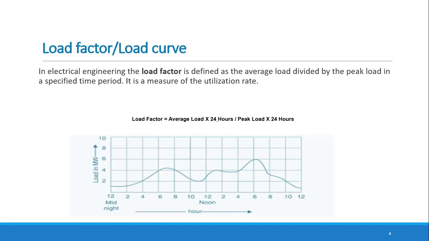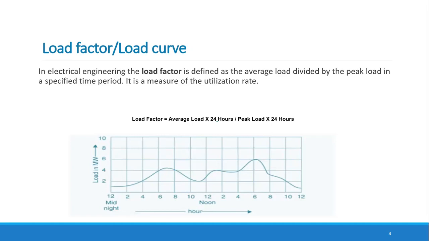So the load factor formula is the average load over 24 hours divided by the peak load for 24 hours. This is the load factor for one day. We can have a load factor at different points at different hours, but this is the formula for 24 hours. How can we calculate a load factor? We divide the average load by the peak load.